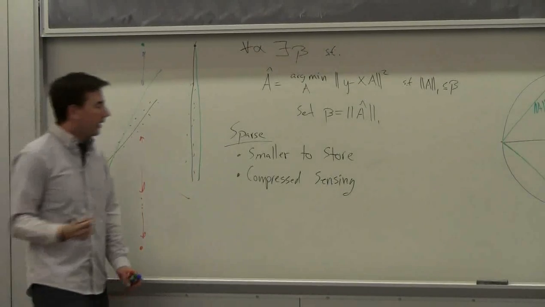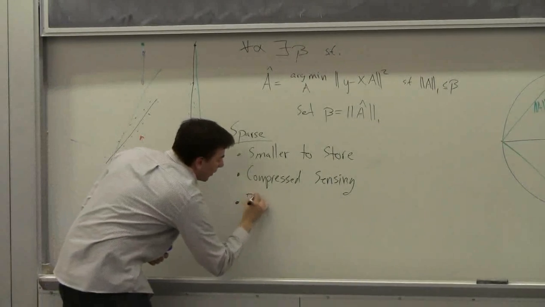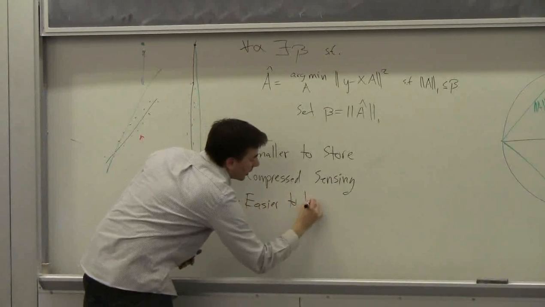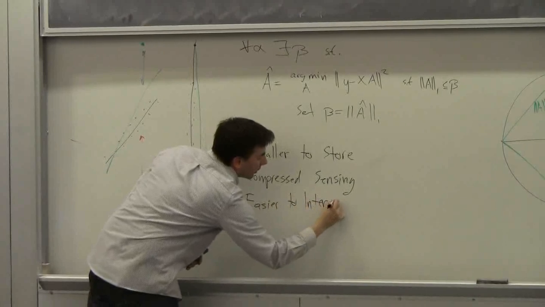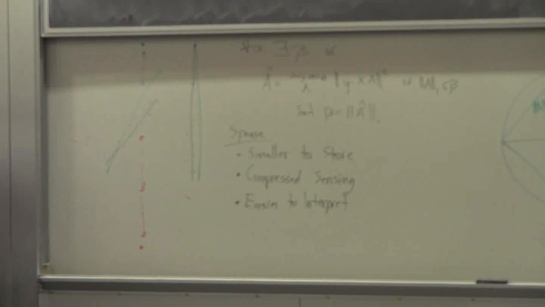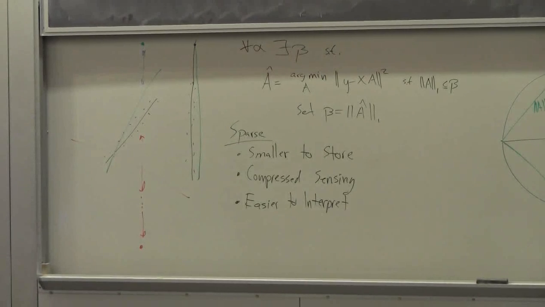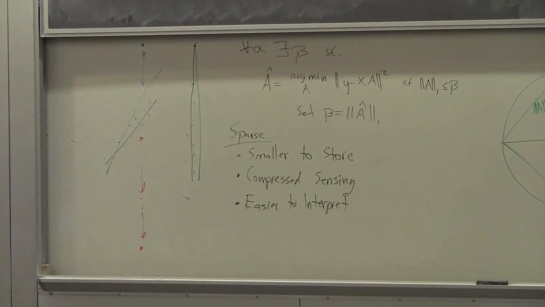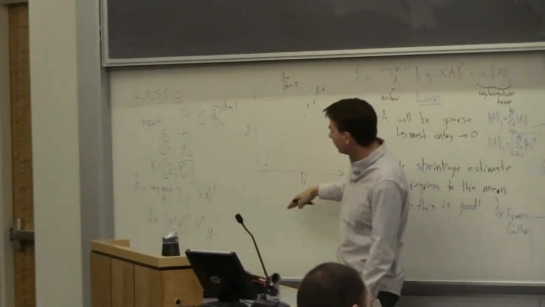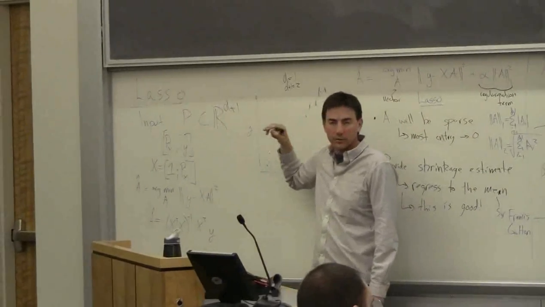And the other advantage is that it's easier to interpret. What you're saying is, I have some values I want to explain based on a large number of variables, captured by this d-dimensional space.